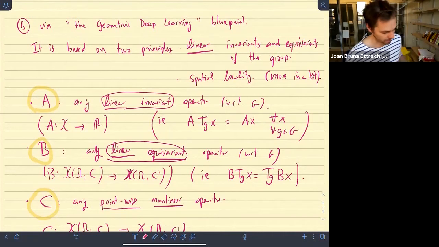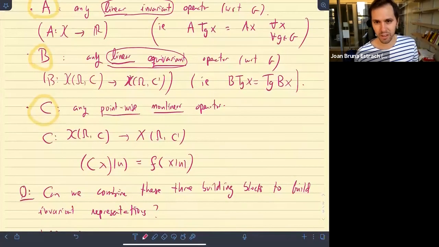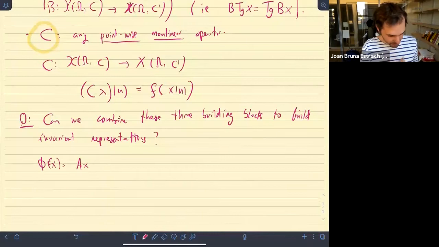For the translation group, we have a complete understanding of what all these operators are, and the same goes for many other groups that we might care about in machine learning. So A of x is one example where you get invariance.